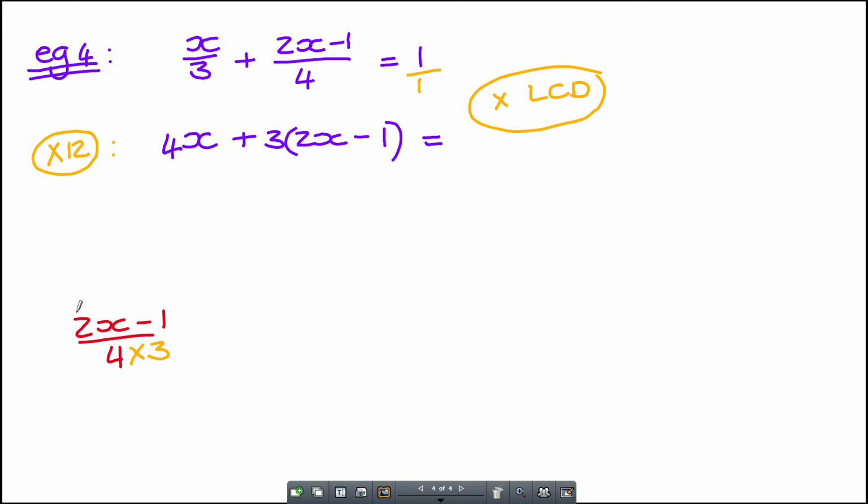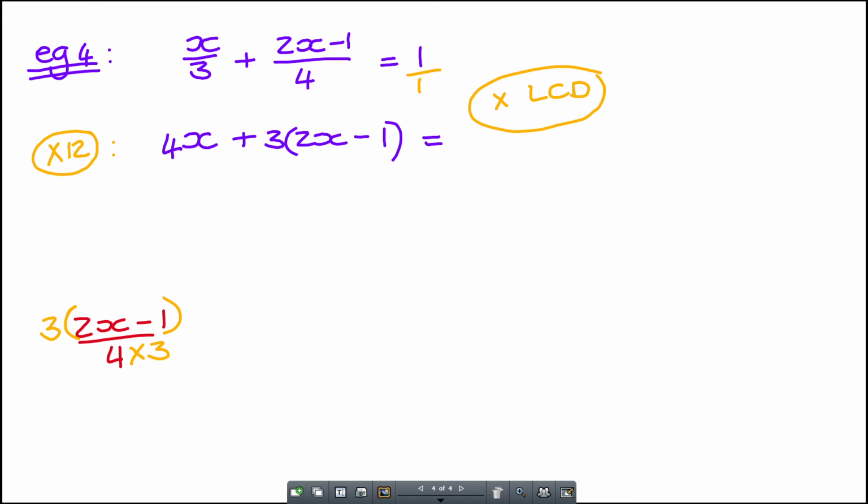Now, because I had more than one thing, just put it in brackets and say that must also be multiplied with 3. You guys fine? So actually it looks like this, over 12. Right?